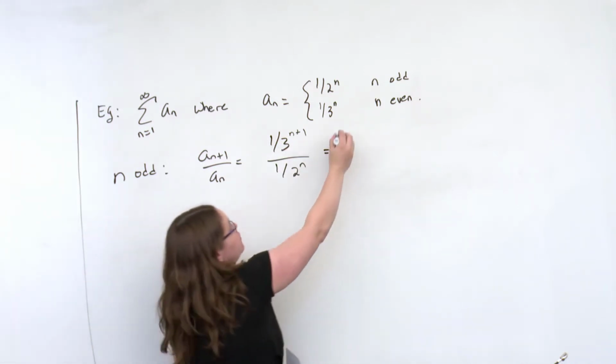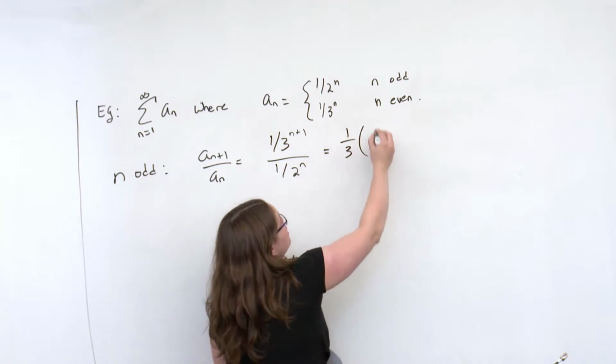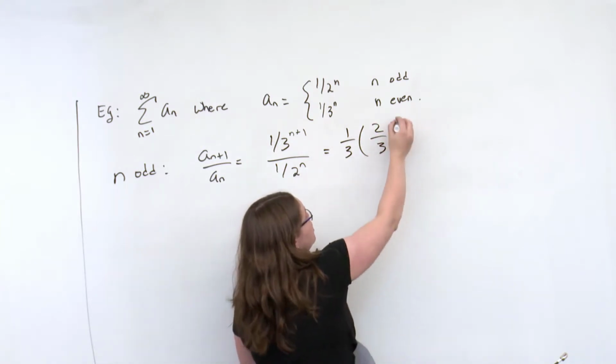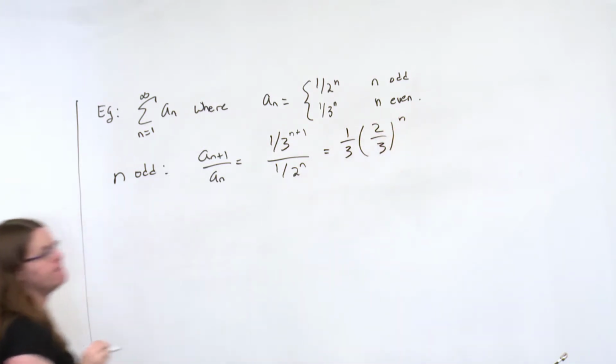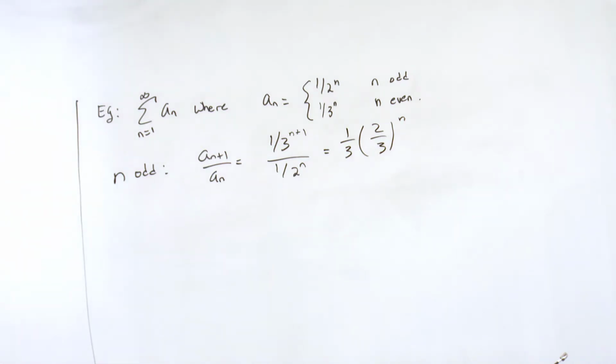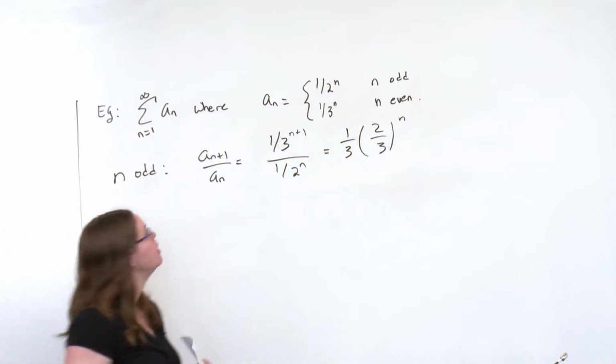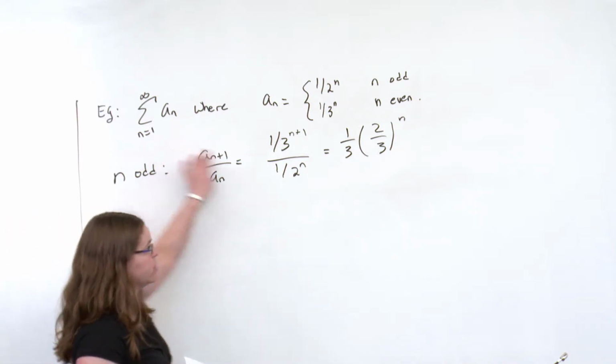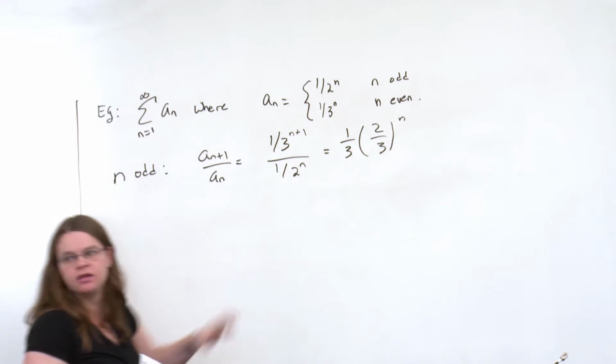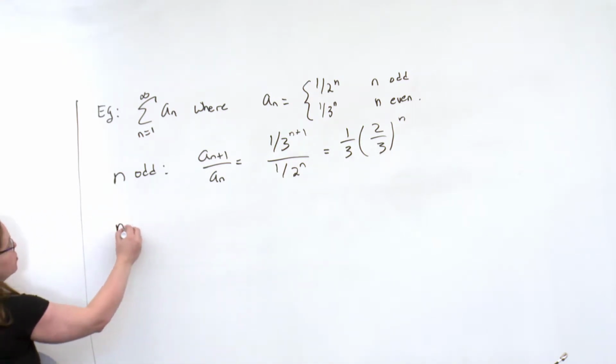I'm going to pull that out in front. And then a 2 and a 3 that are both being raised to the nth power. So when n is odd, this ratio gives us 3 times (2 over 3) to the n. We have to also do this when n is even.